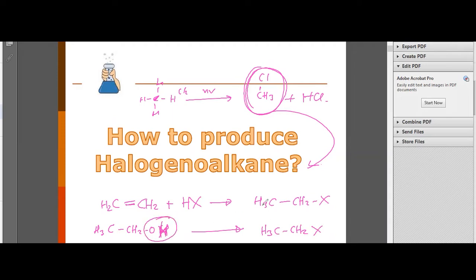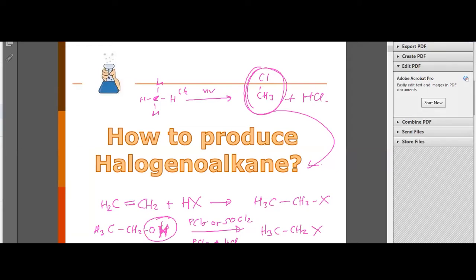There are 4 reagents that can be used to produce halogenoalkane from alcohol: PCl5 or SOCl2, or it can be PCl3 and concentrated HCl.